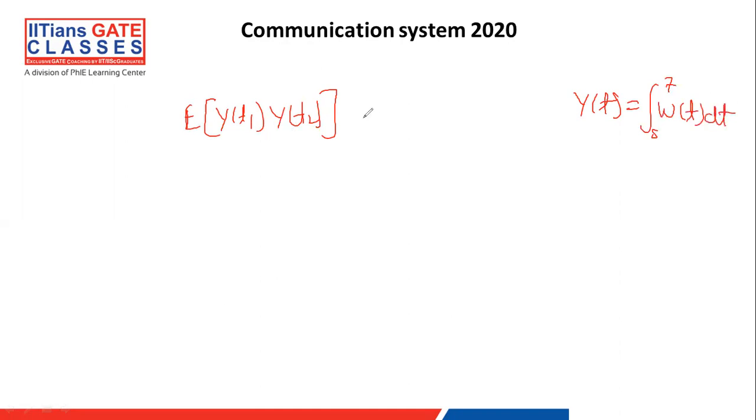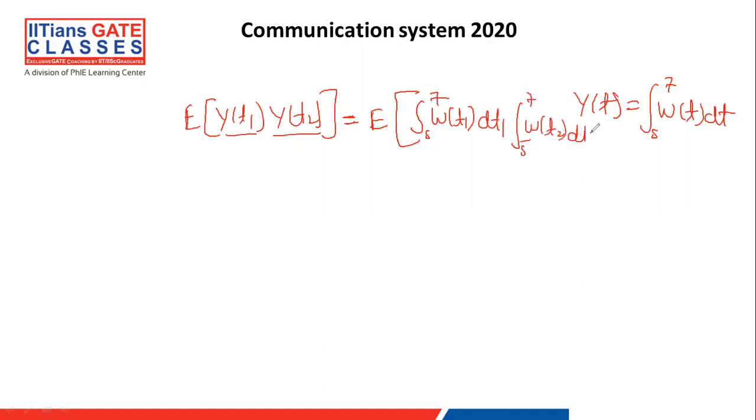So I can write this as the expected value of y(t1) into y(t2). I can replace this y with this w: the integration from 5 to 7 of w(t1) dt1 into again the integral from 5 to 7 of w(t2) dt2.